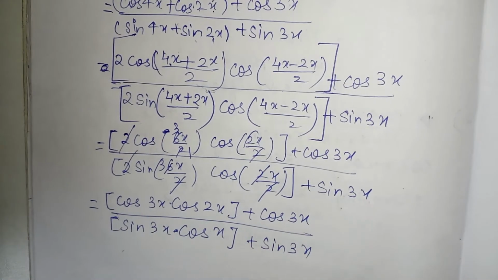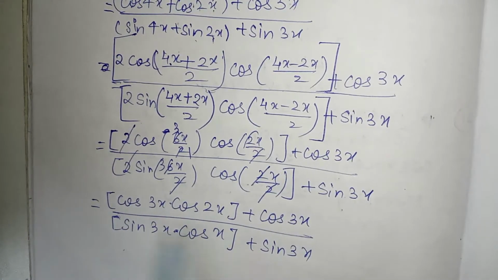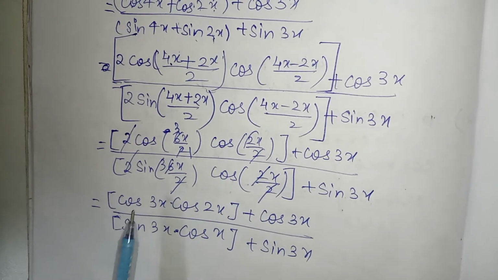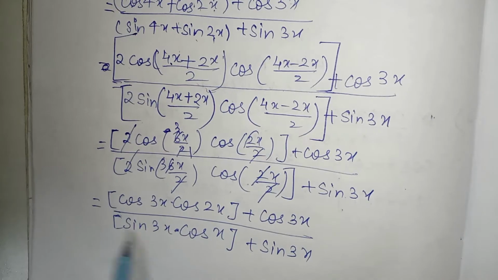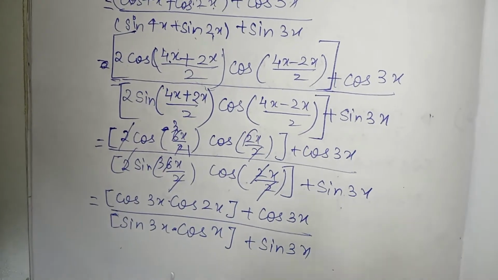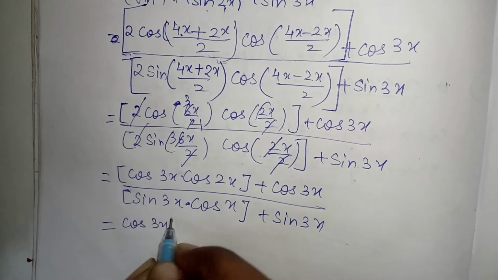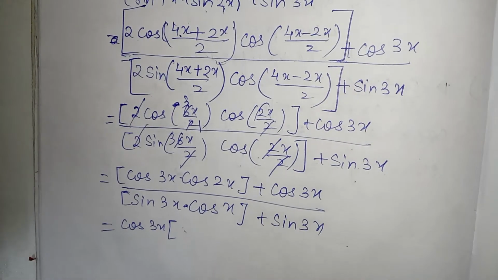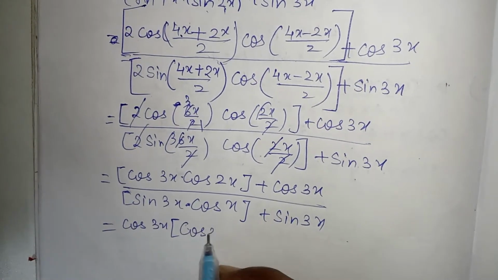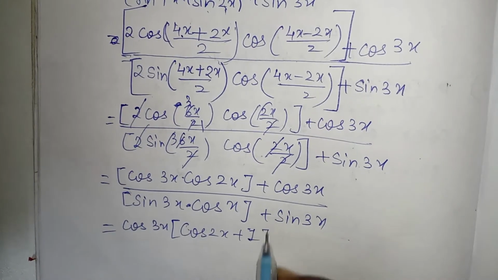So what can we do? We cannot cancel anything, they are not the same. We can see in the numerator cos 3x is there, here sin 3x is there, so we can take them common, right? So cos 3x, and what is left out is cos x plus 1.